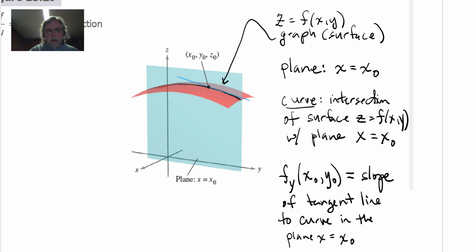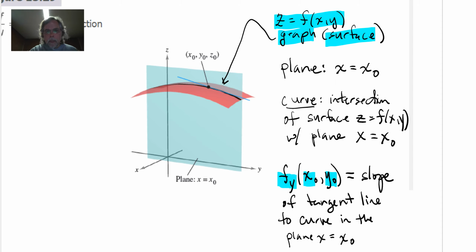And so here's the picture and the whole ball of wax for the other partial derivative, the partial derivative with respect to y at the point x0, y0, and what that means. So we have all these ingredients: the graph z equals f of x, y, the reddish surface, all these points plotted.